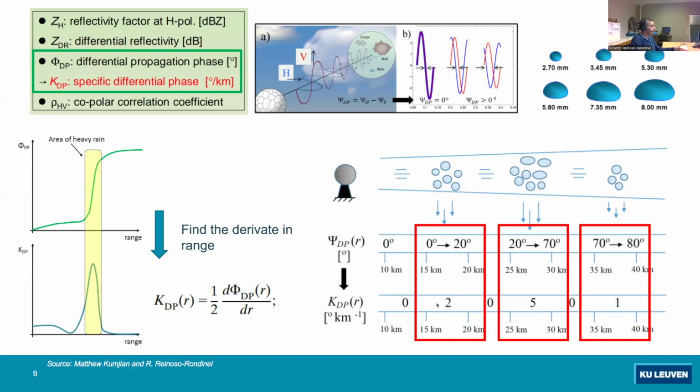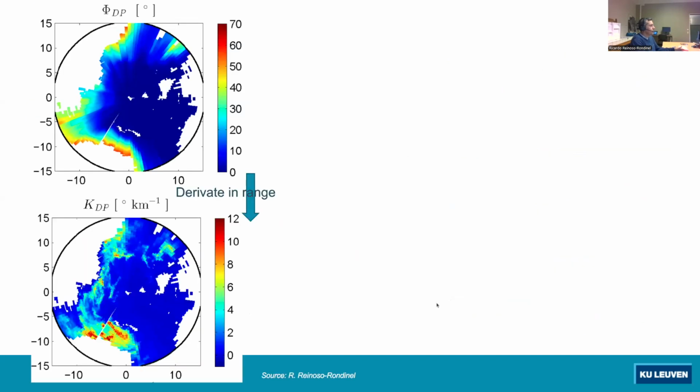Okay, so that was my example, just to give a bit more insight into what this specific differential phase variable is. On the top, you see this accumulation pattern. The radar is in the middle, so the differential phase is 0 degrees. As you move away from the radar, you see areas of precipitation, and the differential phase starts to accumulate, increasing in range from 0 to 70 degrees.